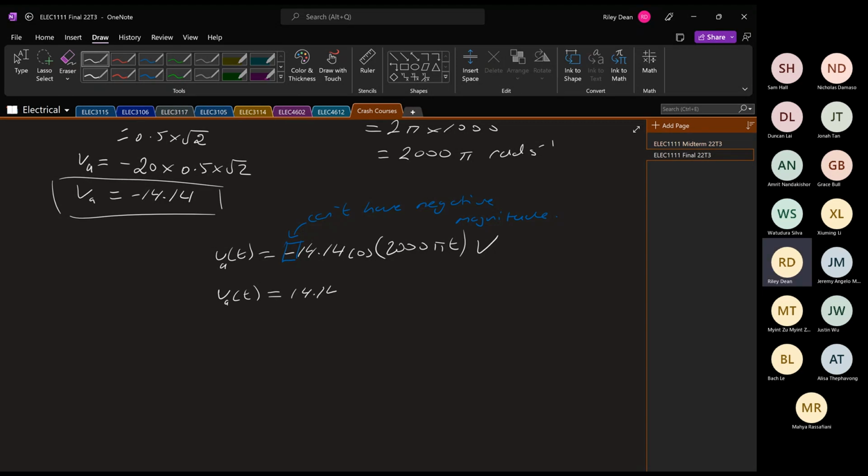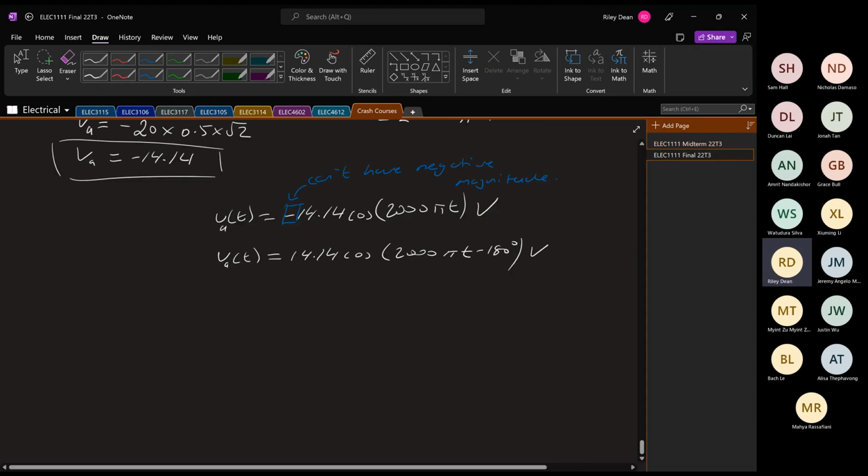We want it to be some form of 2,000 pi t plus phi. And now what would that phi be? 180, exactly right. Generally, we use -180 as a convention and this will be our voltage.